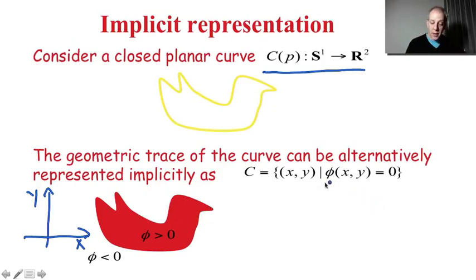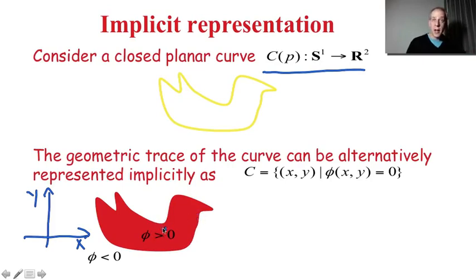So we have to define this function phi. For example, we can define the function to be positive inside and negative outside. One example is to define it as the distance to the curve. Of course, the distance to the curve at the curve itself is 0. The distance to the point itself is 0, so every point on the curve has 0 distance to the curve.